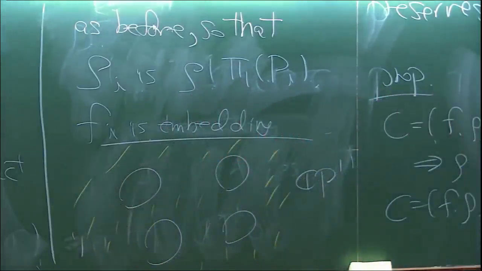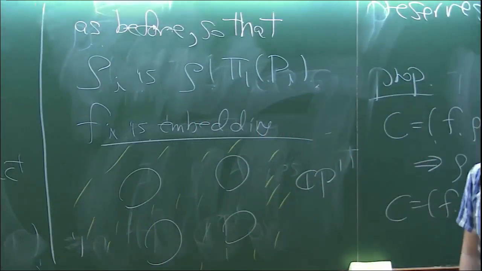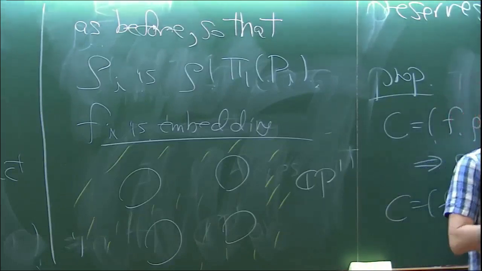Originally the developing map is a covering map onto the domain of discontinuity, which is the complement of the limit set in CP1.